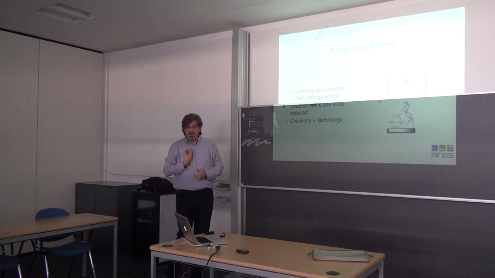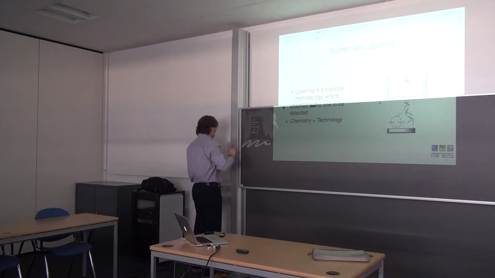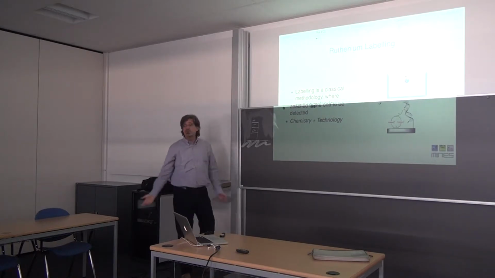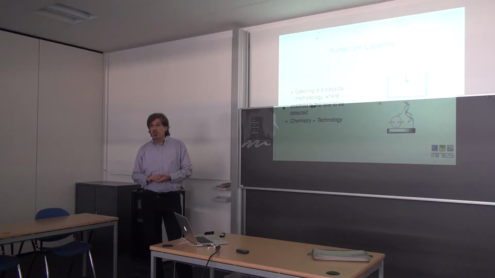If in my DNA I do not have this sequence, I do not have any molecule attached on the surface of my electrode, and so I do not have light. And this gives me the information I need.